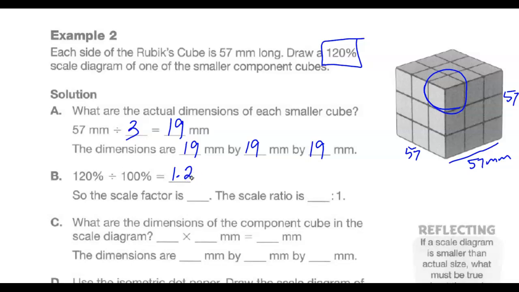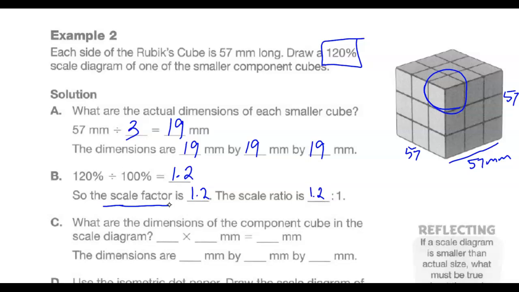Okay, so the scale factor of our new diagram is 1.2, but the ratio is 1.2 to 1. So it's a little bit interesting when you're asked for the scale factor. Depends what you're being asked for.